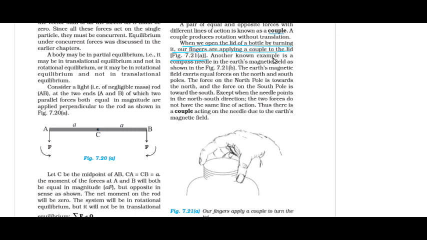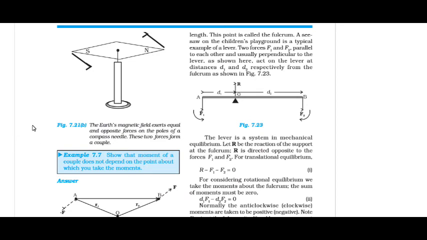Another known example is the compass needle in the Earth's magnetic field, as shown in figure 7.21b. So here also, this is an example of a couple.